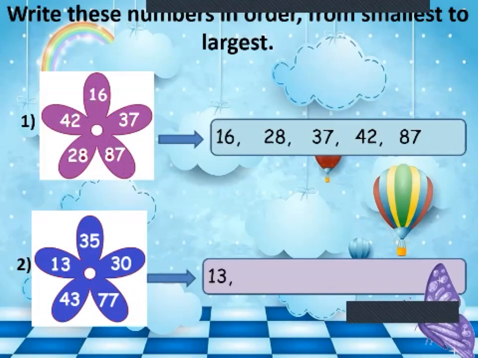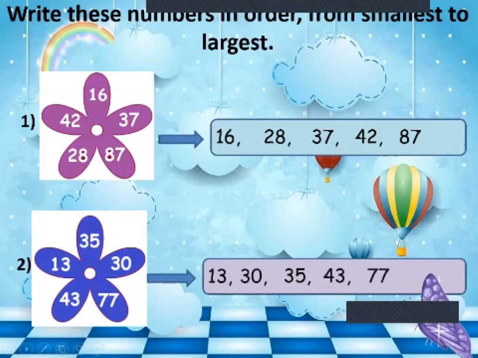Now here there are two numbers that start with 3. It is 35 and 30. So which is the small number in this? Yes, it's 30. Next will be 35. Then 43 and the last is 77. Very good children.